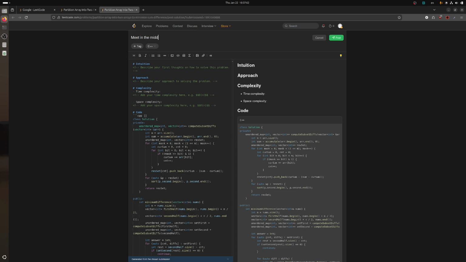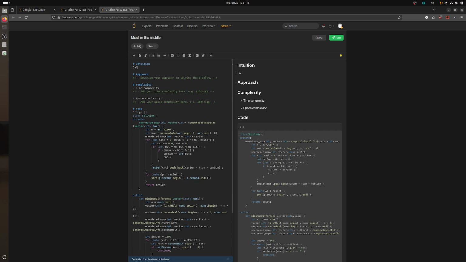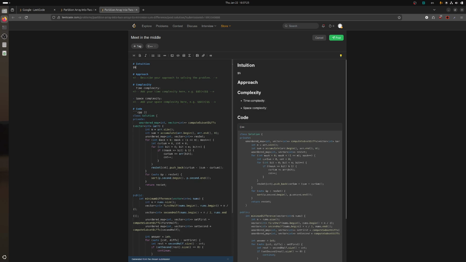Meet in the middle. So calculate all... n is too large to calculate all subsets of length n divided by 2.